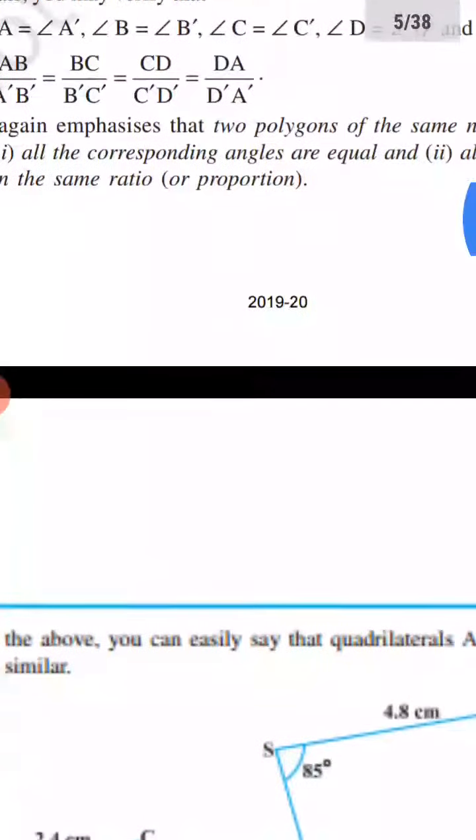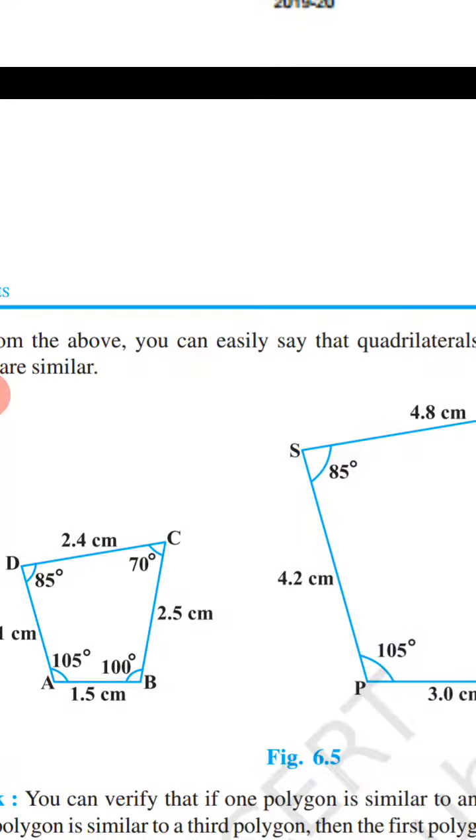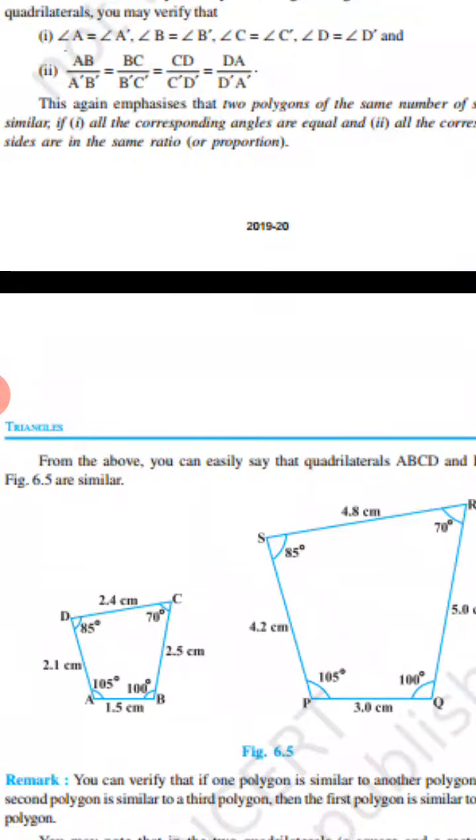In these two figures, all the angles are equal in measure and the sides are proportional. The ratio of the sides of the first figure to the sides of the second figure is 1/2. So the ratio everywhere is 1/2, so these are similar figures.